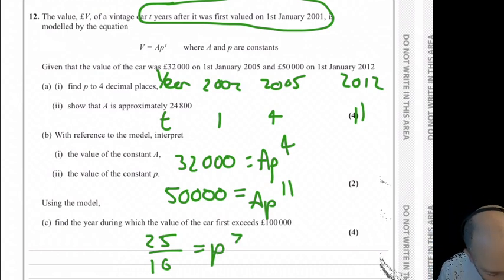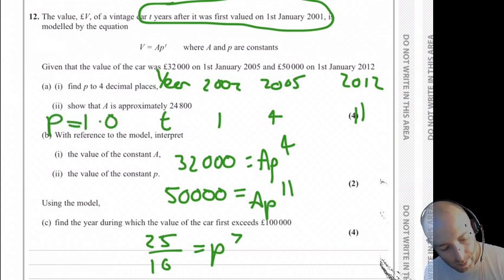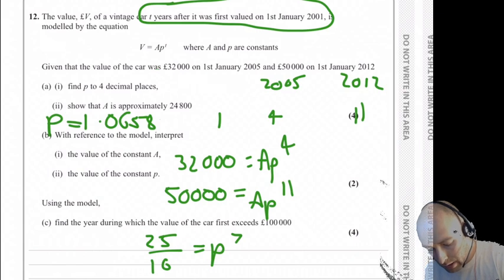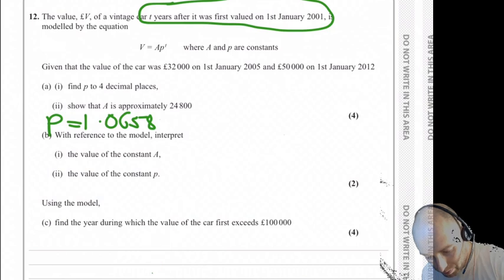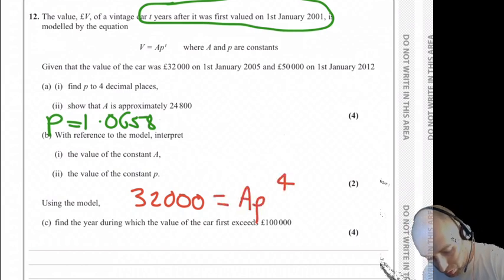So we can do the 7th root of 25 over 16, and we get p equals 1.0658 to 4 decimal places. Okay, and then to find a, we can just put that back into either of the two equations. So we know p is 1.0 whatever.